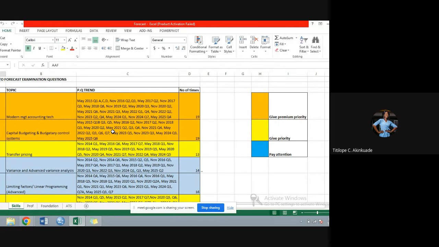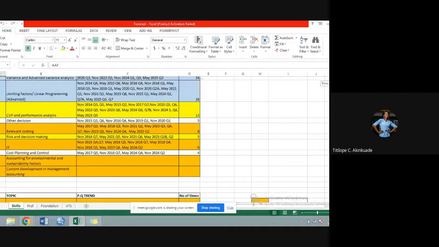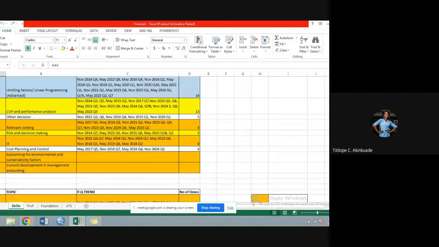Now, next to it is relevant costing. Actually, before you move to relevant costing, I would rather go to IT. You can see on the screen, I have strategic IT and current development in management accounting.